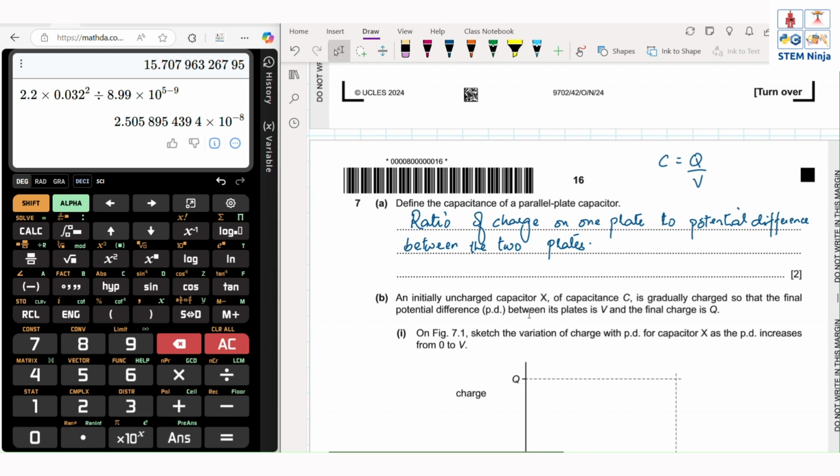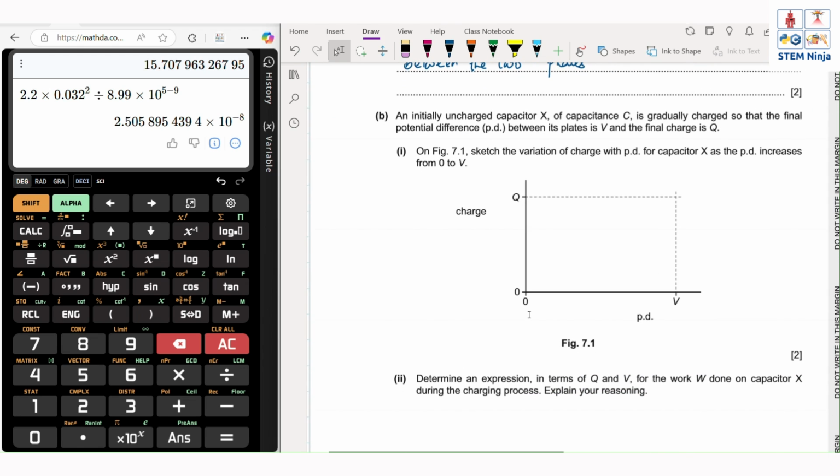Okay. An initially uncharged capacitor X of capacitance C is gradually charged so that the final potential difference PD between its plates is V, and the final charge is Q. On figure 7.1, sketch the variation of charge with PD for capacitor X as the PD increases.